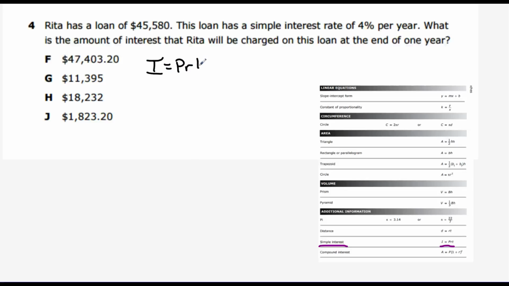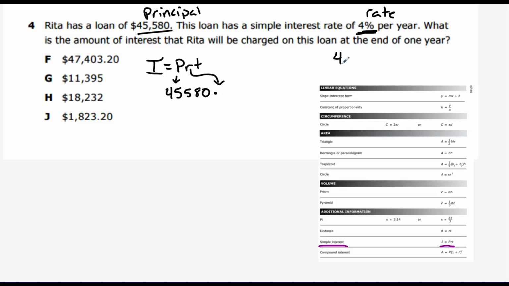PRT, where P is the principal, or the amount of money you started with. So $45,580. Okay. Our rate, which is R, is the interest rate. But we need this as a decimal. Can't multiply by percents. That gives us wrong numbers. So we want to change this to a decimal.